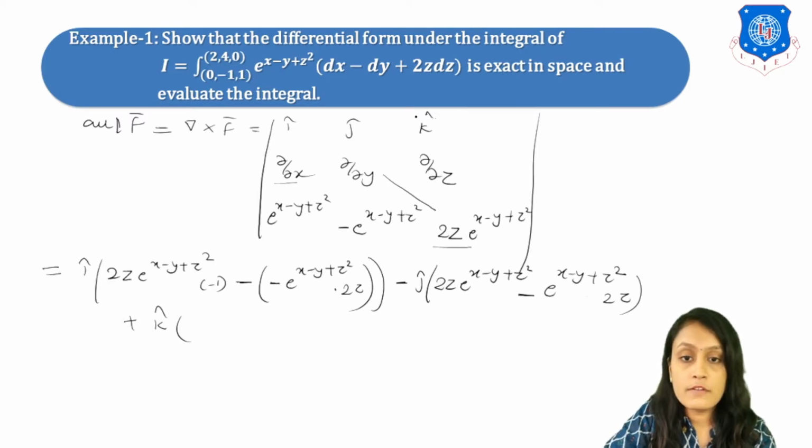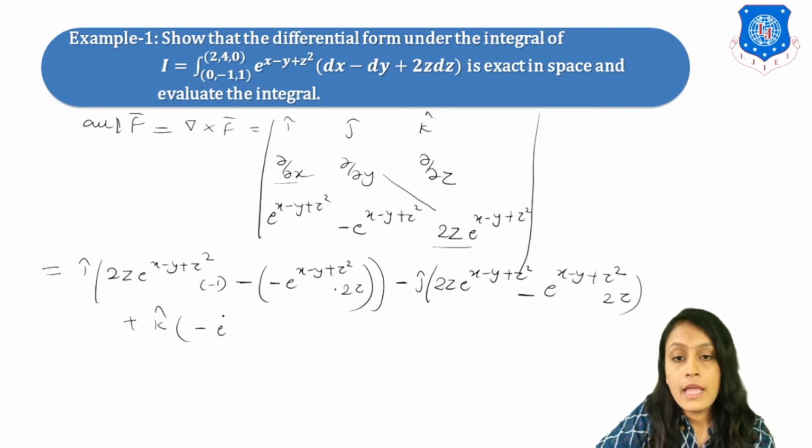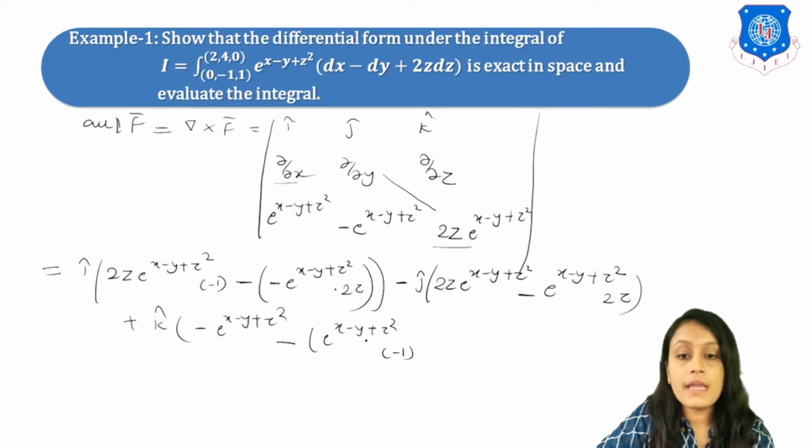Now we have to solve this, so apply this formula. What we will have is minus e raised to x minus y plus z square minus. Now solve this. With respect to y derivative, what you will get is e raised to x minus y plus z square into minus 1, because the derivative of y is minus 1.